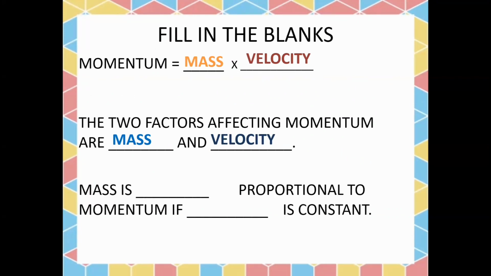Mass is blank proportional to momentum if blank is constant. And your answer is? Mass is directly proportional to momentum if velocity is constant.